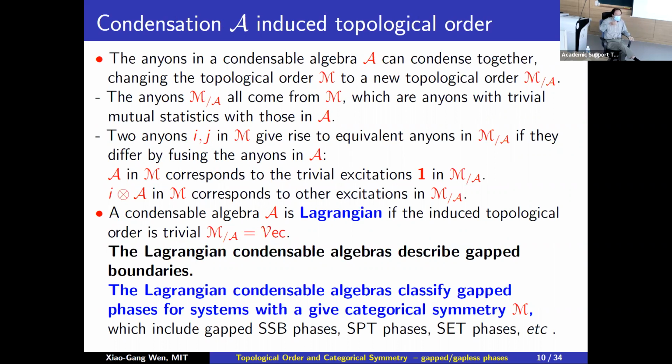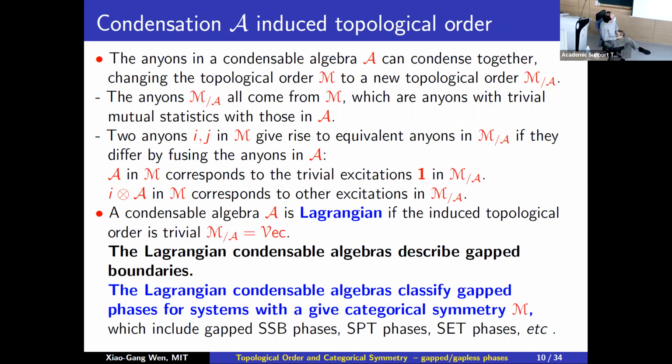In gauge theory, we have some charged particles. The charged particle can condense like in the Higgs mechanism, changing the topological order to a new topological order. So condensation of anyons in the bulk would change the topological order. But usually you can only condense bosons, and only bosons with trivial mutual statistics together. That is just the ordinary Higgs mechanism.